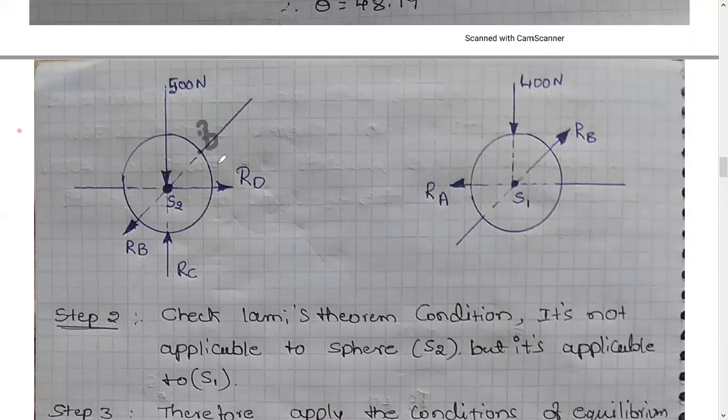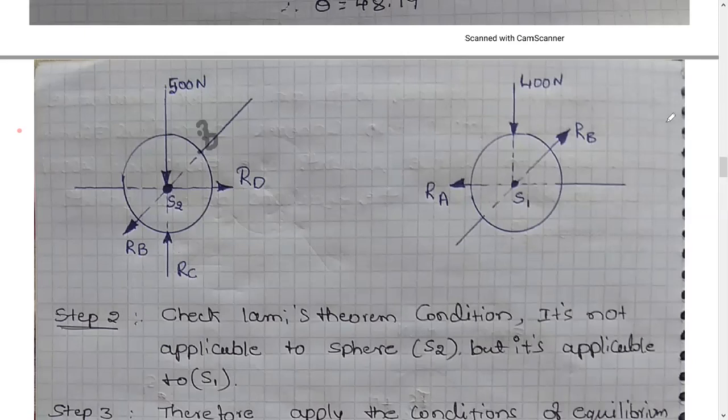Next, in the same way, in sphere 2 there is also one more reaction which is developed from the wall. At the side of the wall, that is RD, a reactional force developed towards the rightward direction, which I have indicated here. And also, at the base of sphere 2, there is one more reactional force developed, which is acting upward.